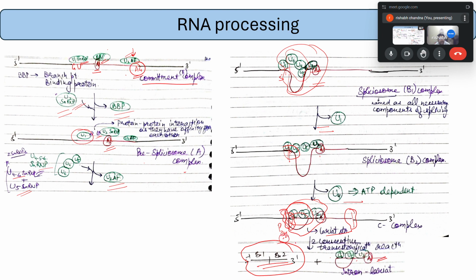This nucleophile makes a nucleophilic attack on the base present at the 5 prime end of the second exon, leading to formation of a complete chain of the RNA joining exon 1 to exon 2, leaving the intron bound to the snRNP behind. So this leads to extraction of the intron from the RNA chain. This was the spliceosome machinery and how different snRNPs help in the removal of the intron.